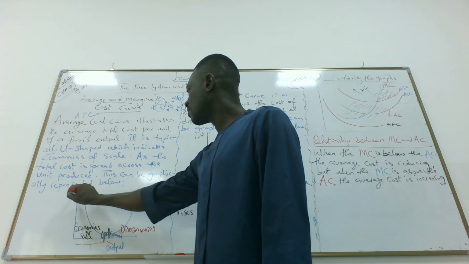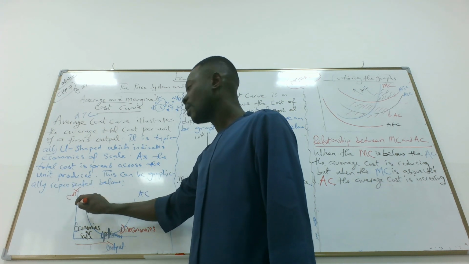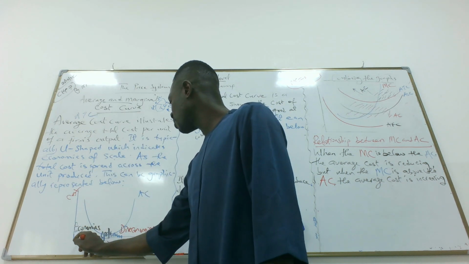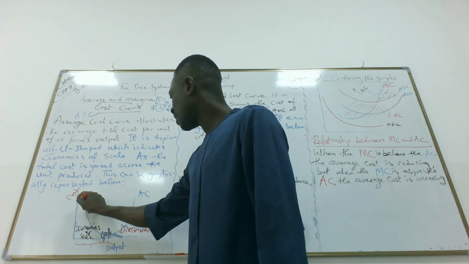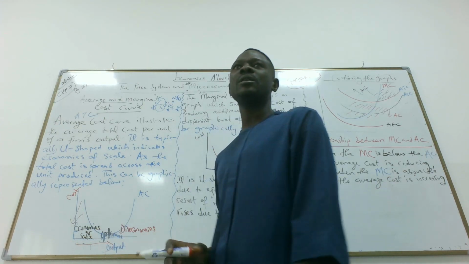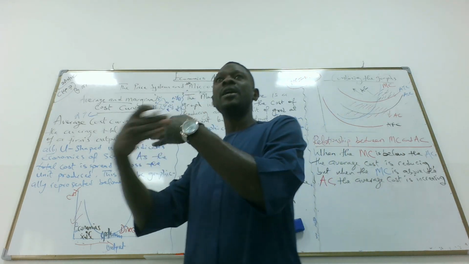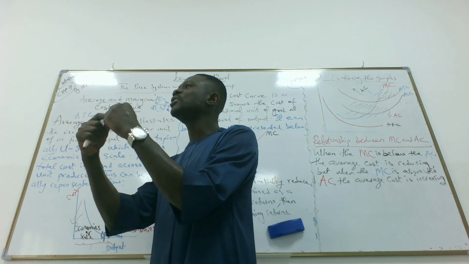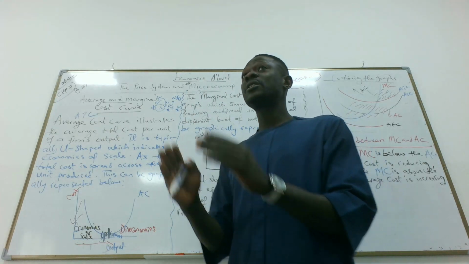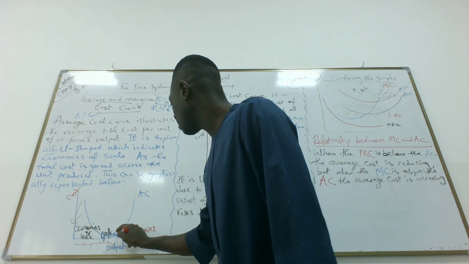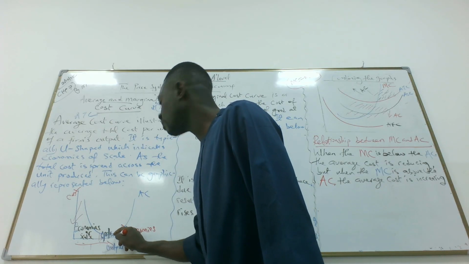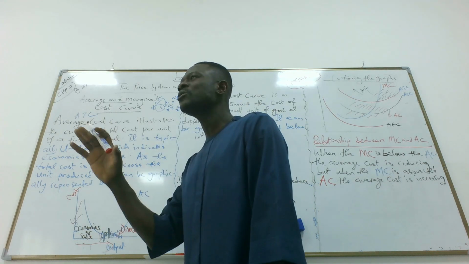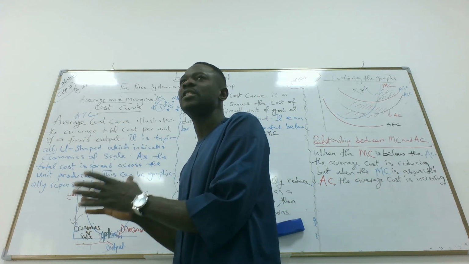Initially, cost is high. But it is expected that as the output increases, your average cost will start reducing. That means you are able to spread your cost over the units produced. But it has to get to the optimum level. The optimum level is the most efficient spot you have to be at.